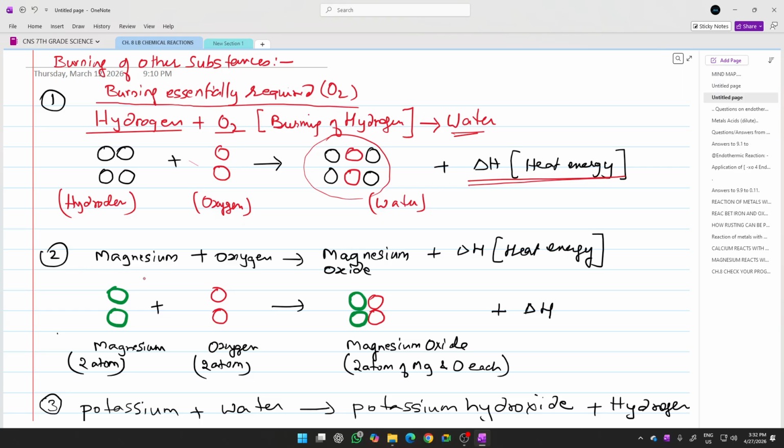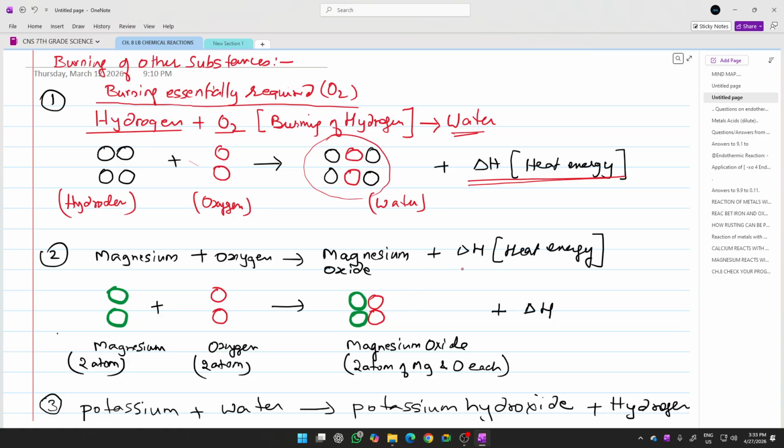Magnesium I am now representing by 2 green circles. So there are 2 atoms of magnesium represented by 2 green circles, and 2 atoms of oxygen represented by 2 red circles. They undergo a chemical reaction on burning, and the product formed is magnesium oxide, and it will be shown this way: 2 green circles attached to these 2 red circles.